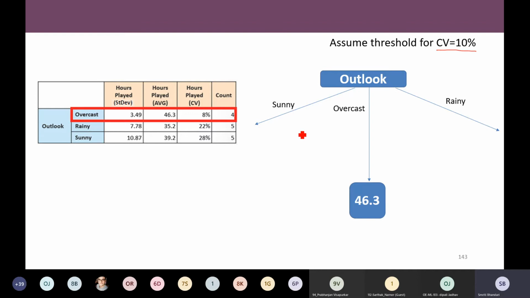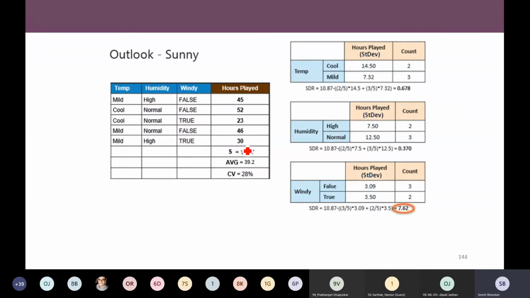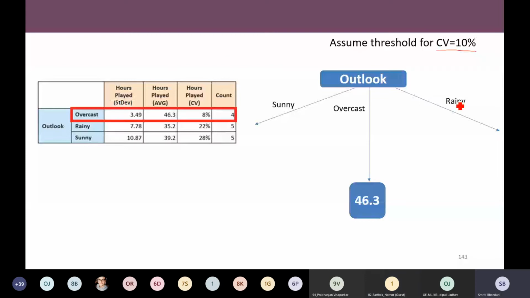By making use of this subset, we are going to follow similar steps. So what are we going to do next? Suppose we expand the first branch, that is sunny.